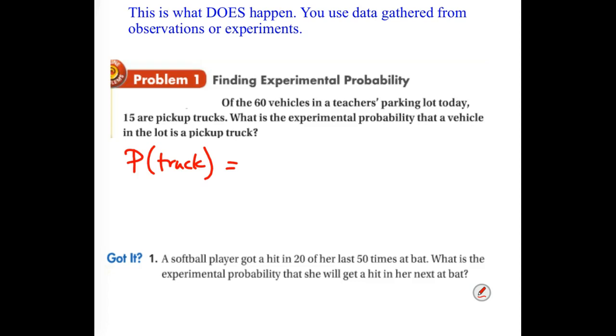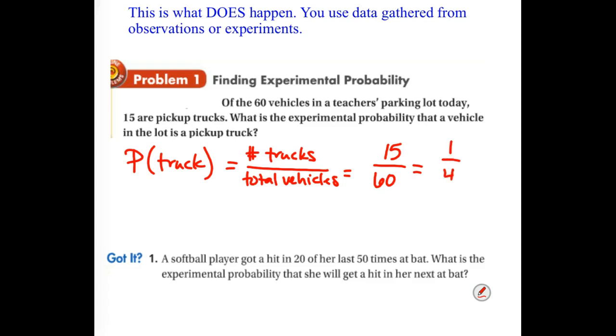Just in words, not numbers. What are we looking for? Okay, so number of trucks compared to total number of vehicles. So how many trucks did we have? 15 out of 60. Can we reduce that fraction? 1 out of 4? Yes, 15 goes into 60 4 times.